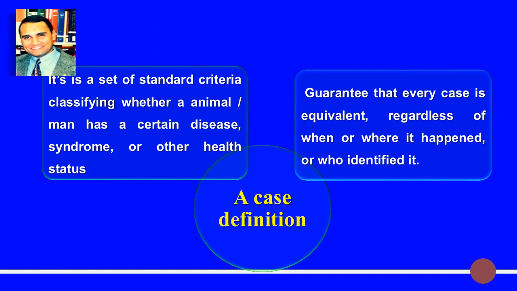A case definition is a set of standard criteria classifying whether an animal or man has a certain disease, syndrome, or other health status. It guarantees that every case is equivalent regardless of when or where it happened or who defined it.